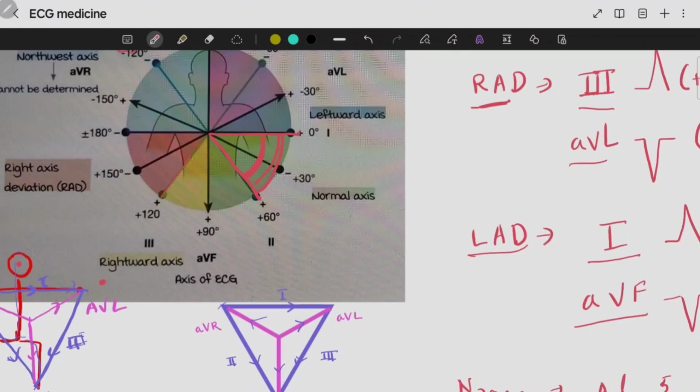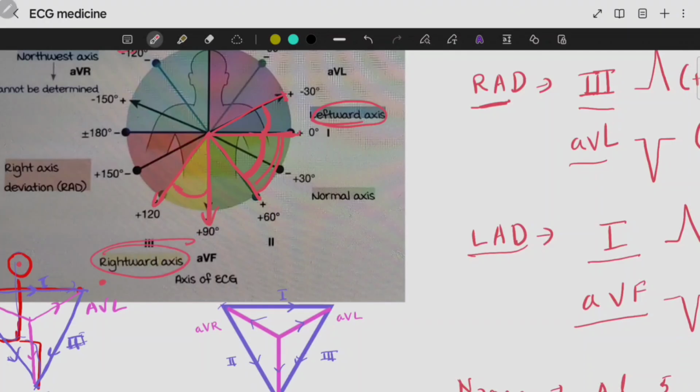What is the normal axis? 0 degree to 90 degree is the normal axis. Okay. And 0 degree to minus 30 degree is called the leftward axis, not axis deviation. It is leftward axis. Okay. And plus 90 degree to 120 degree is called the rightward axis.